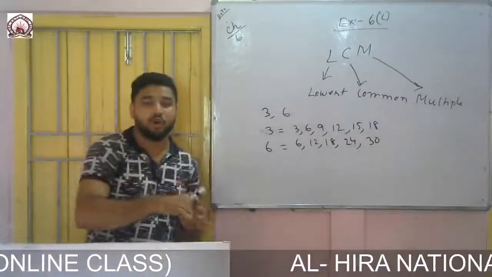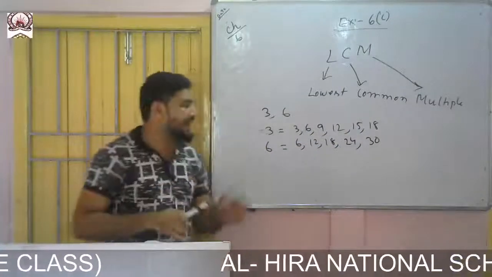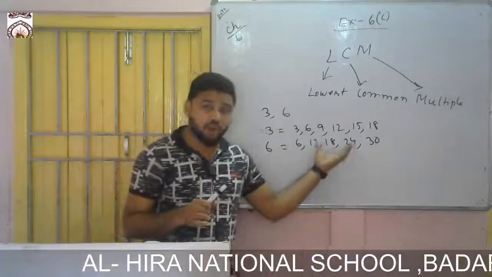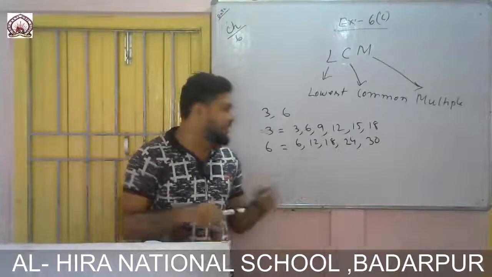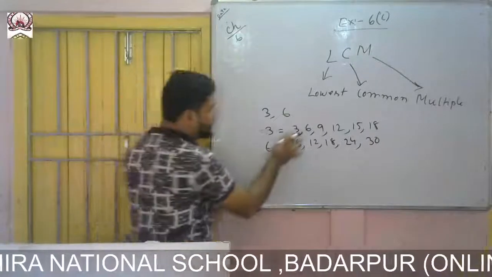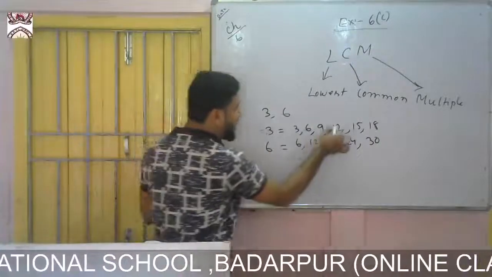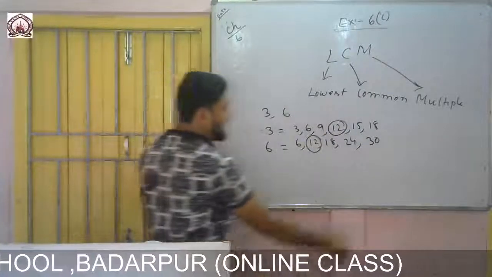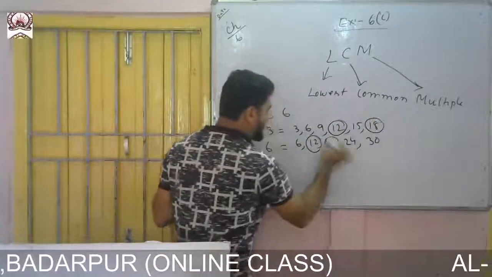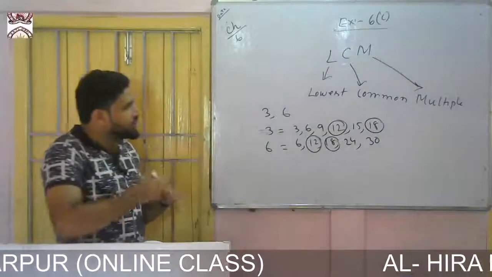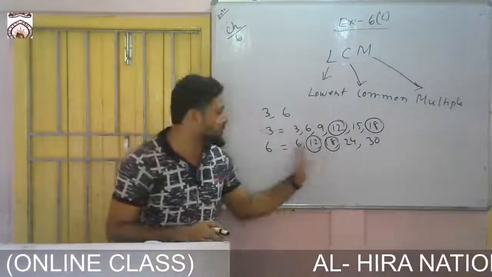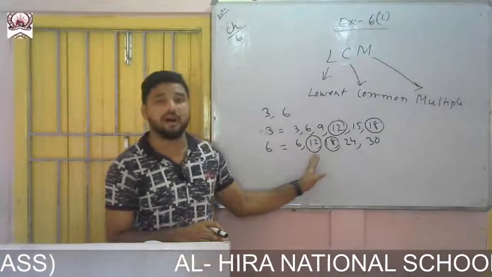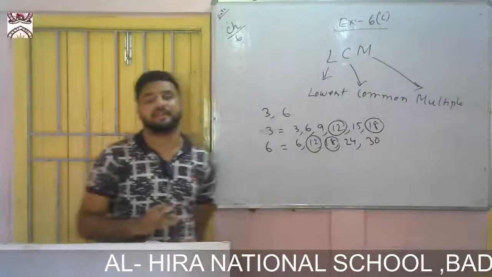In the HCF we took the highest one, and in the LCM we shall take the lowest common multiple. You see the common multiples are 12 and 12, then 18 and 18. From this, which one is lowest, which comes first? 12. So 12 is their LCM.